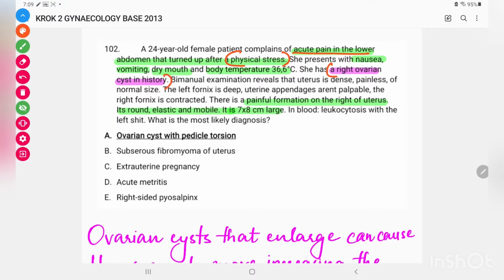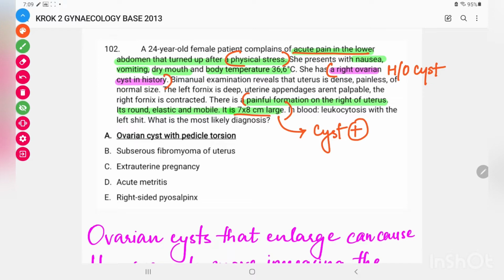And when we checked, we found that there is a painful formation on the right of uterus, which is really round, elastic, and mobile, and it has a particular diameter also. So what does this mean? Again, the presence of cyst is confirmed. And also from the history, there is a history of cyst as well. So let's see the options.